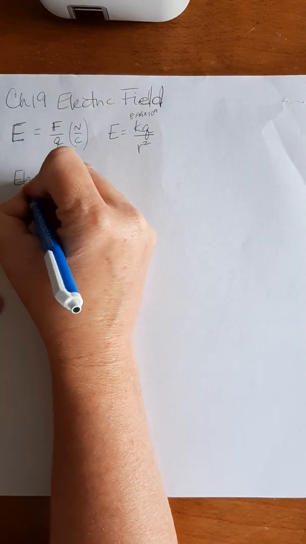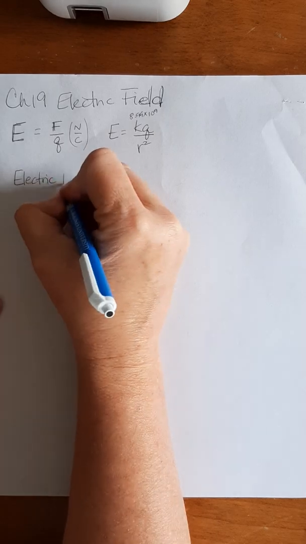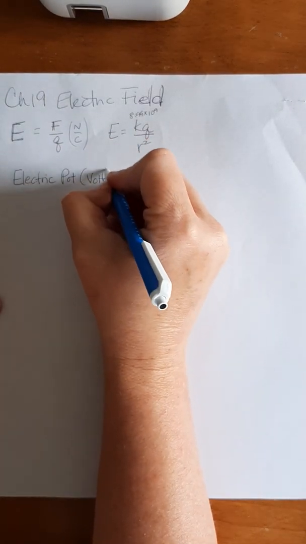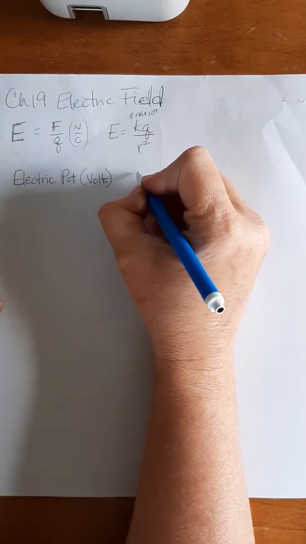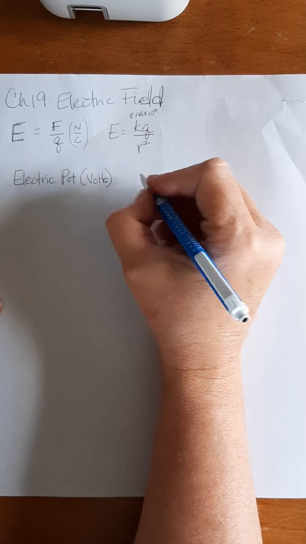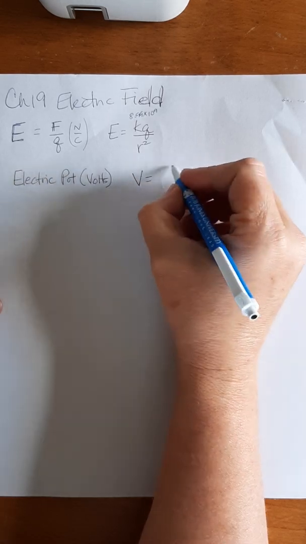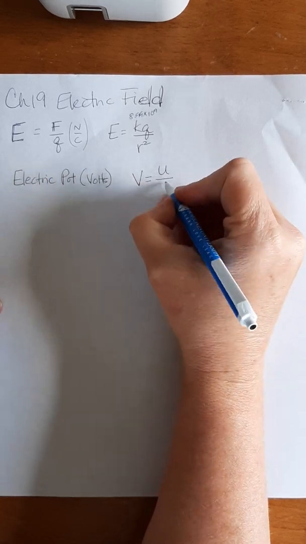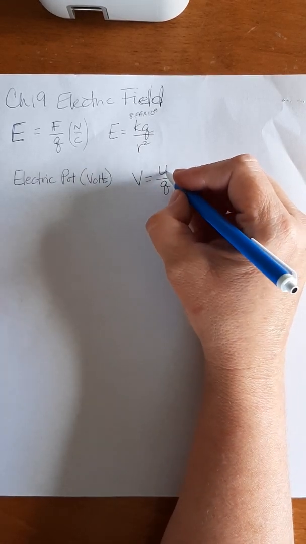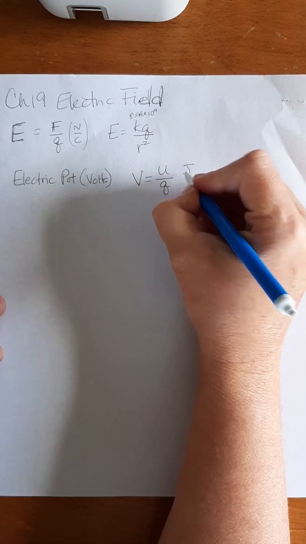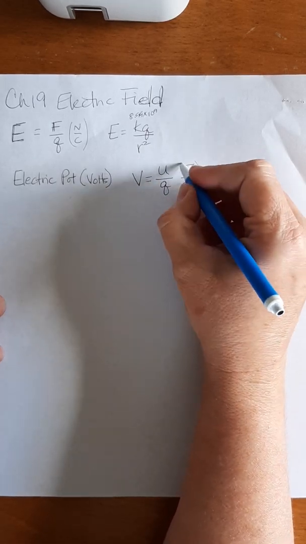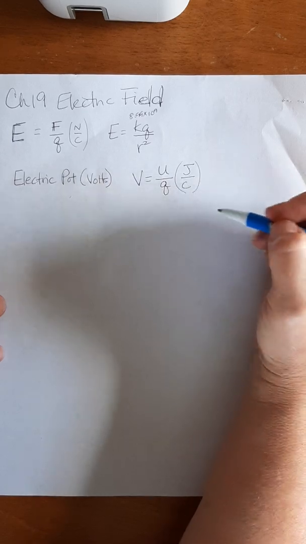Electric potential is measured in volts. The first formula we'll use, a lot of times you'll see V, so we'll say V equals U over Q. U, electric potential energy, is in joules, charge in coulombs, and actually that is a derived unit.